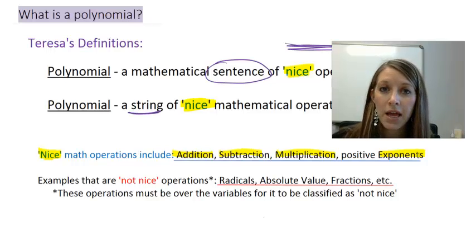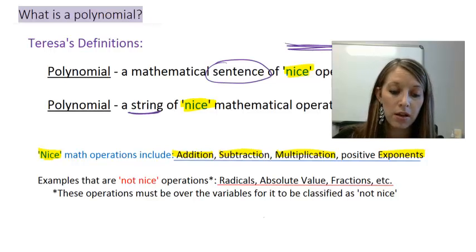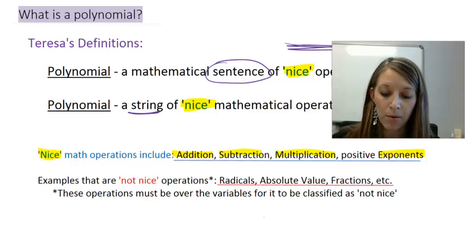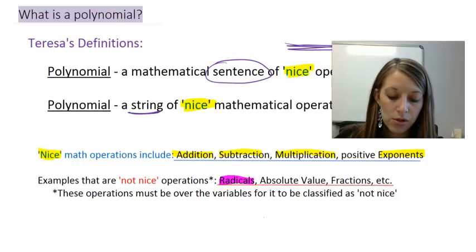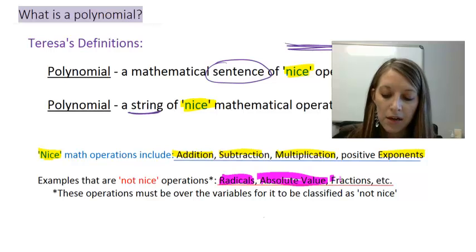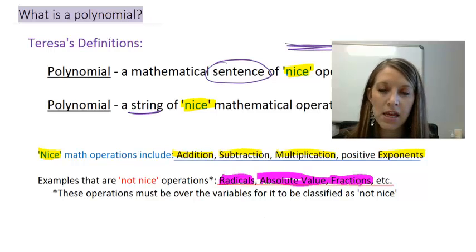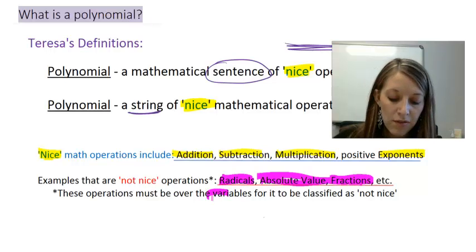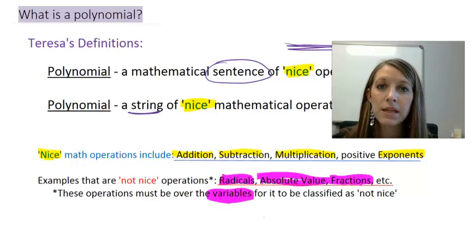Examples that are not nice, or I might even use the word ugly, examples of ugly math operations are radicals or roots, absolute value, and fractions. The reason I say that these are not nice, or ugly, is because these take a little bit more work than the other operations. Now there's kind of a trick that goes with it. These ugly operations need to be over the variables for them to be considered ugly, or not nice, in the first place.